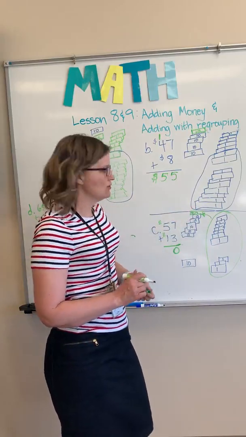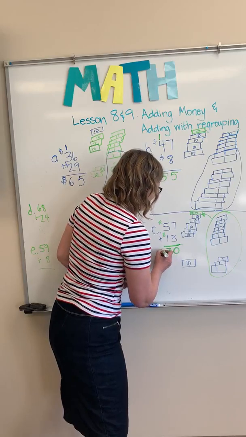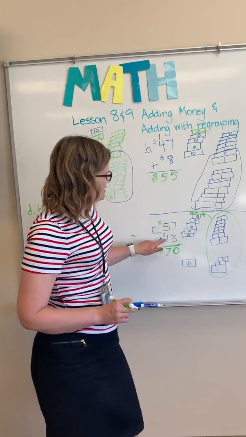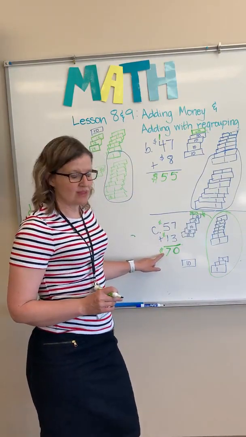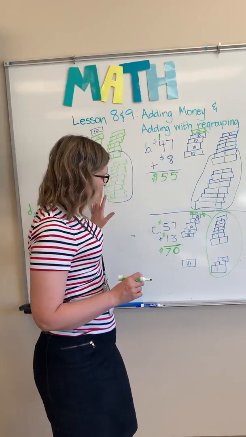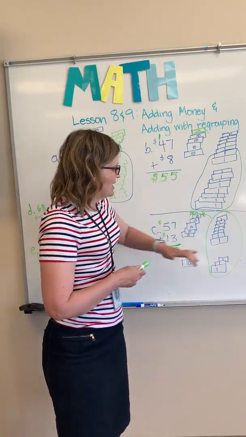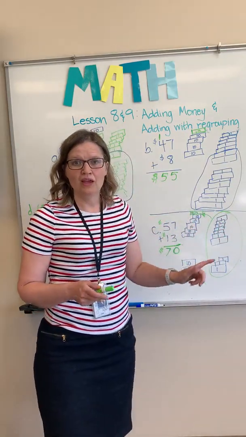We have 7 groups of 10, and we add that right here. So $57 plus $13 is $70. Now these are really great pictures to help you visualize when we bundle that up into groups of 10 and move it over.